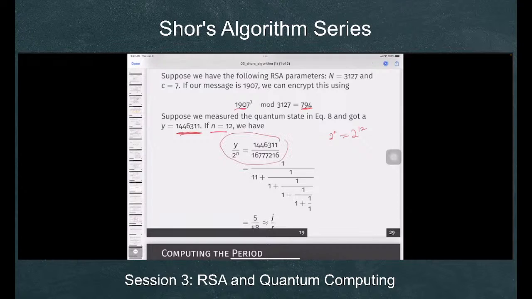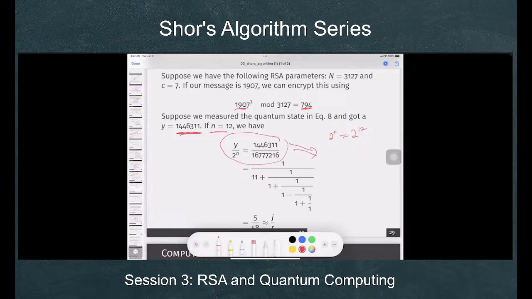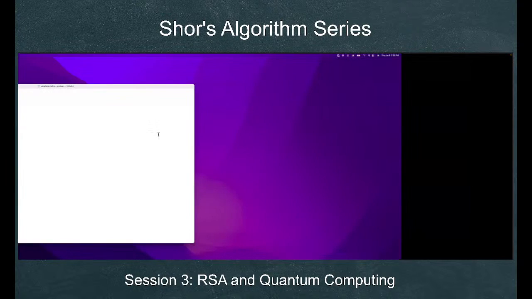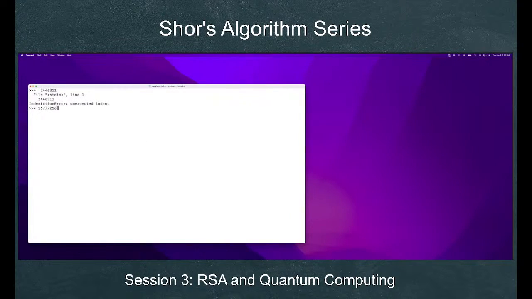This one is just equal to 1 over the reciprocal, so 167772216 over 1446311. So how do we do that?